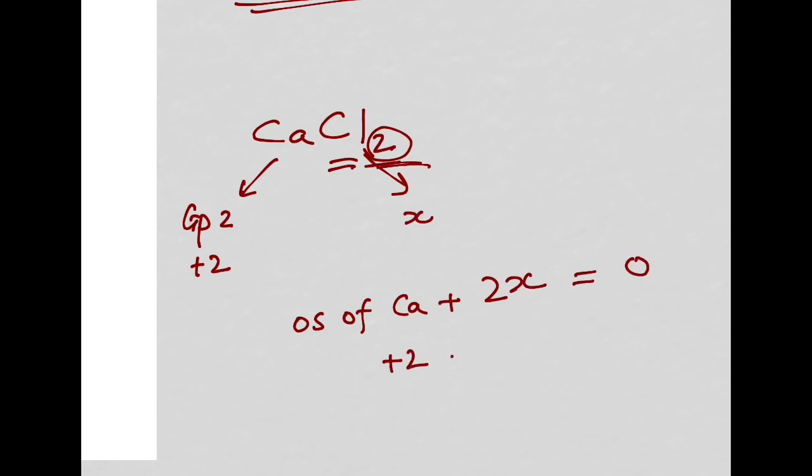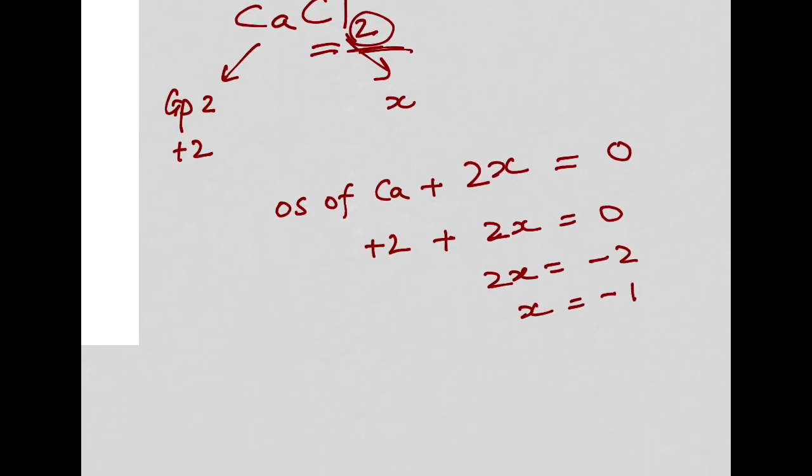So this is +2 plus 2x is equal to 0. So 2x is -2, x is -1. So this is the oxidation state of Cl.